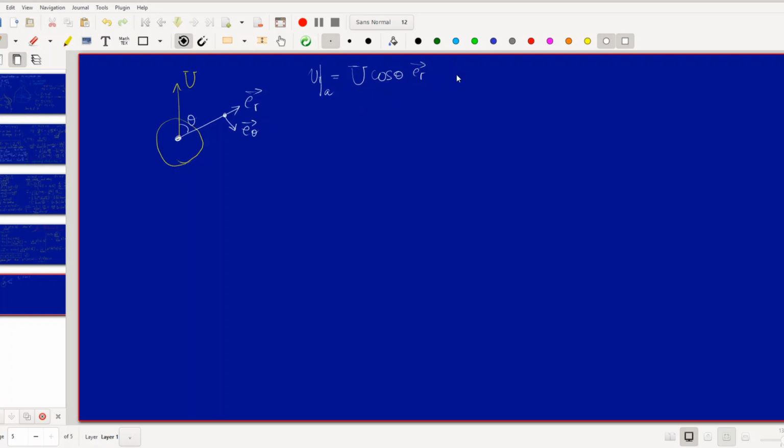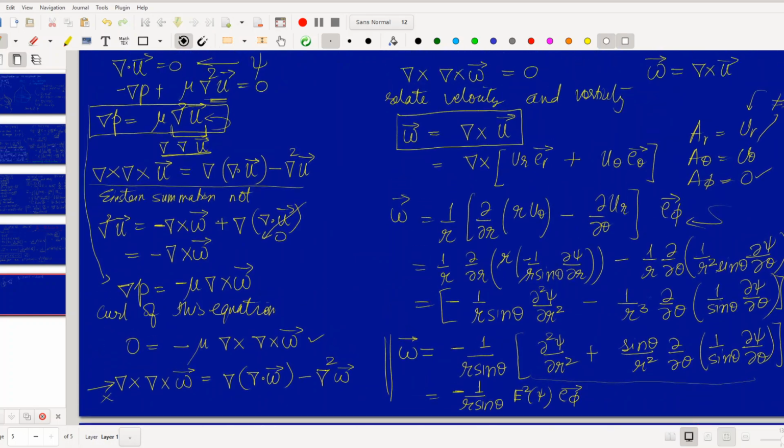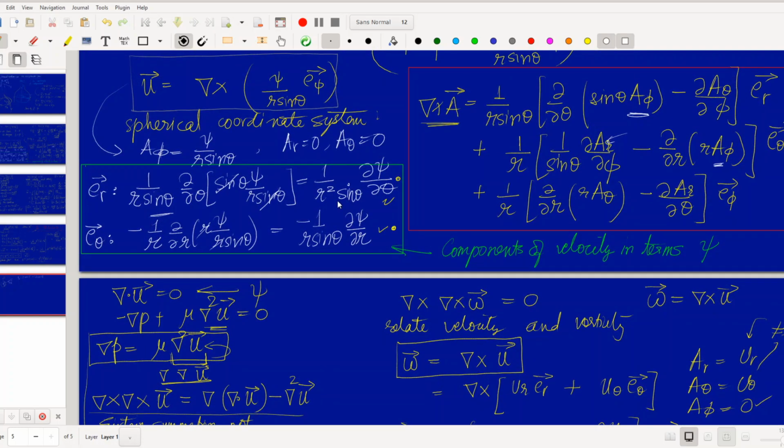So what is the e theta component? It will be equal to minus U sin theta e theta at a. Here a is the radius of the particle. Let us quickly recollect what the expressions for the velocities are. Ur is equal to 1 upon r square sin theta del psi del theta, and U theta is equal to minus 1 upon r sin theta del psi del r.